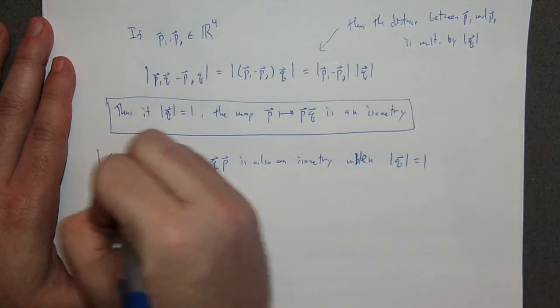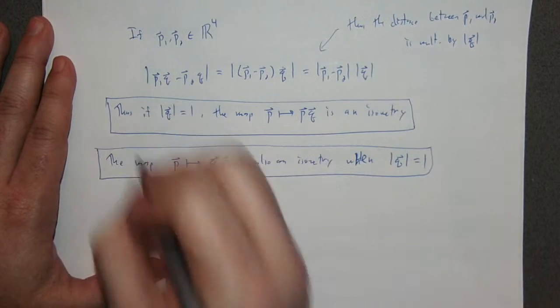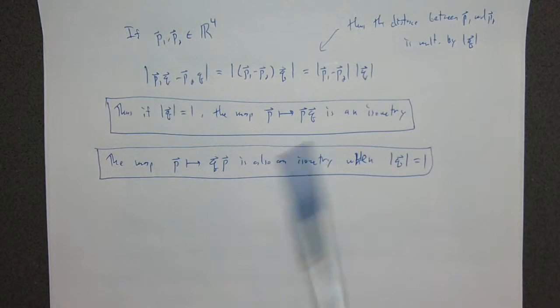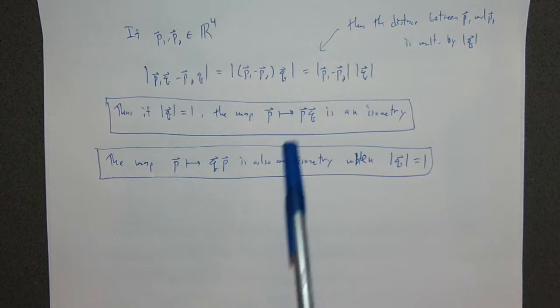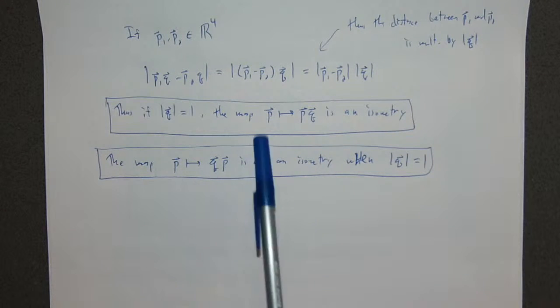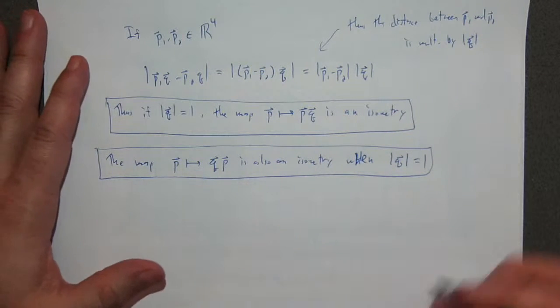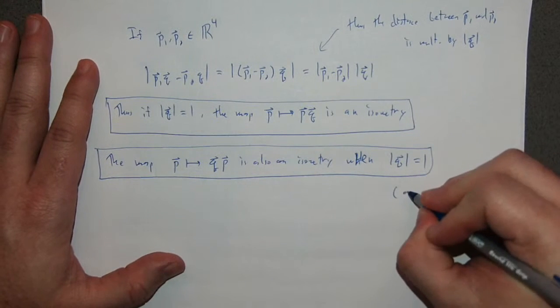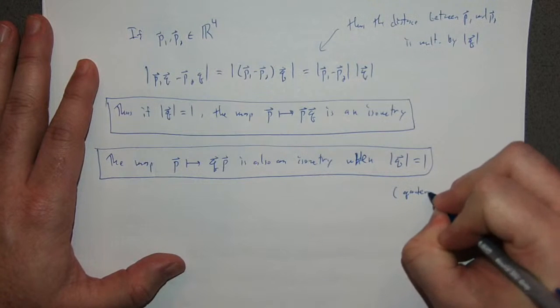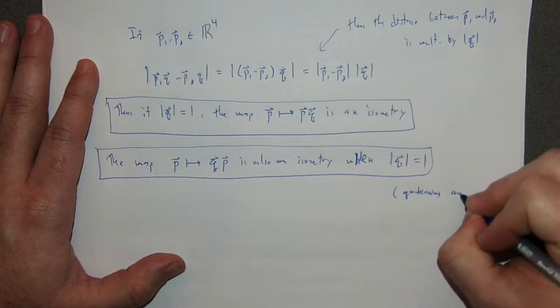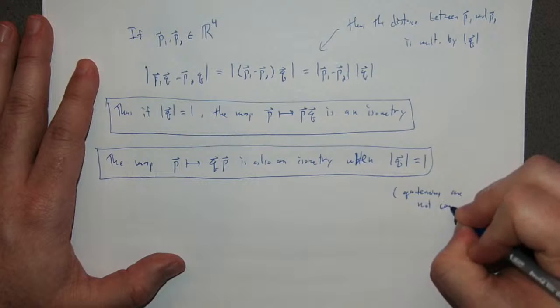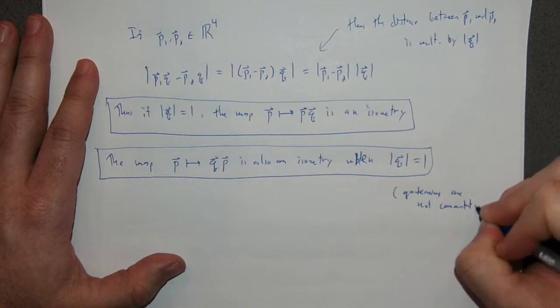Now, you might be a little bit confused here, because I looked at both of these, and you say, well, aren't these the same maps? But they're not the same maps, because recall that the quaternions are not commutative with respect to multiplication.